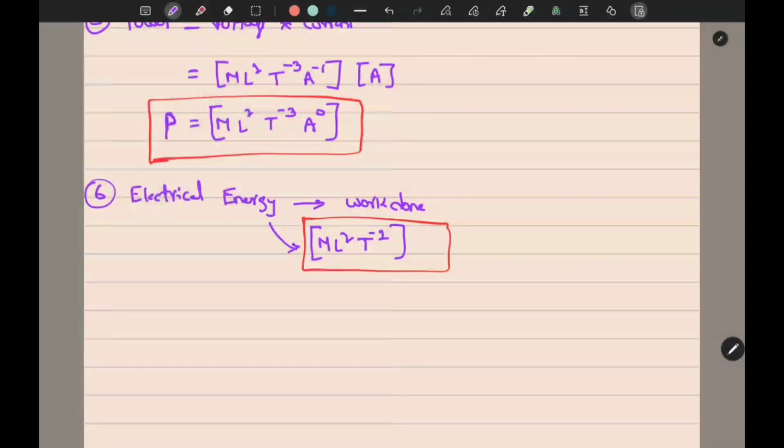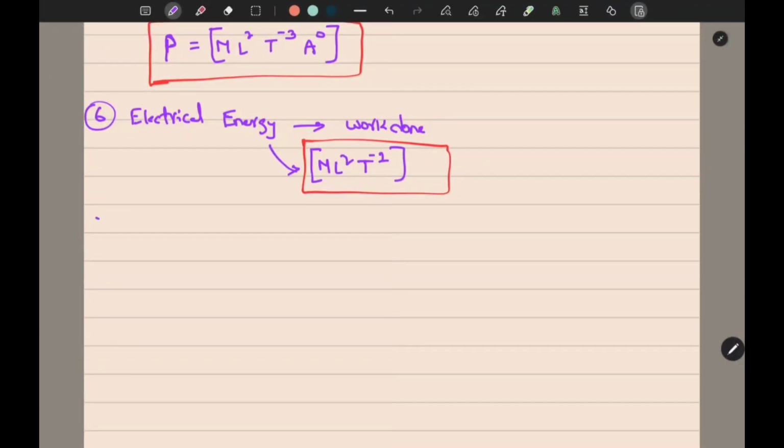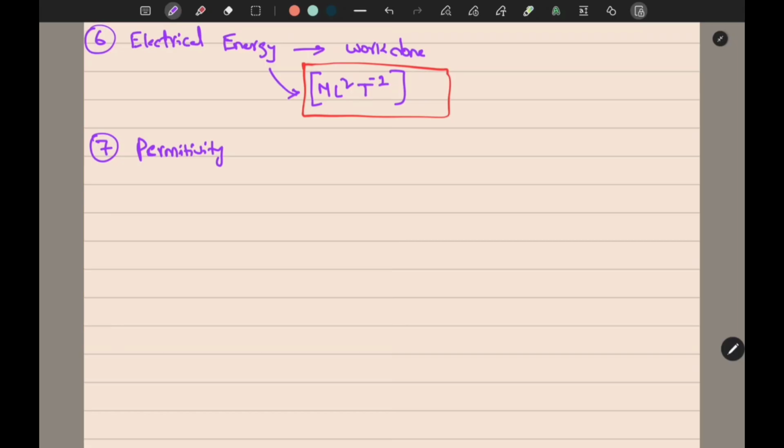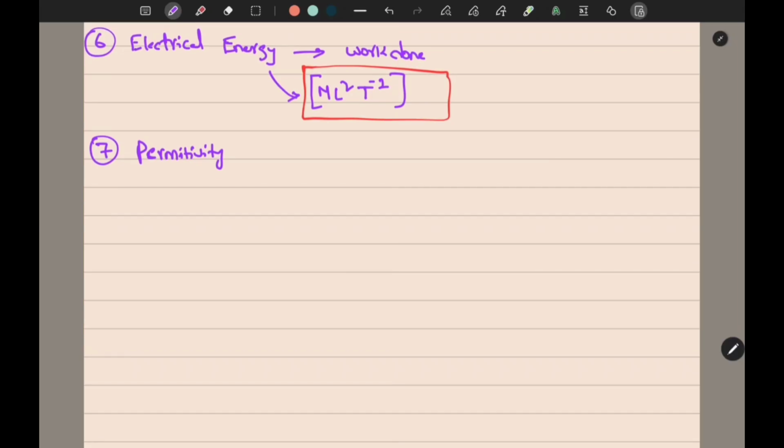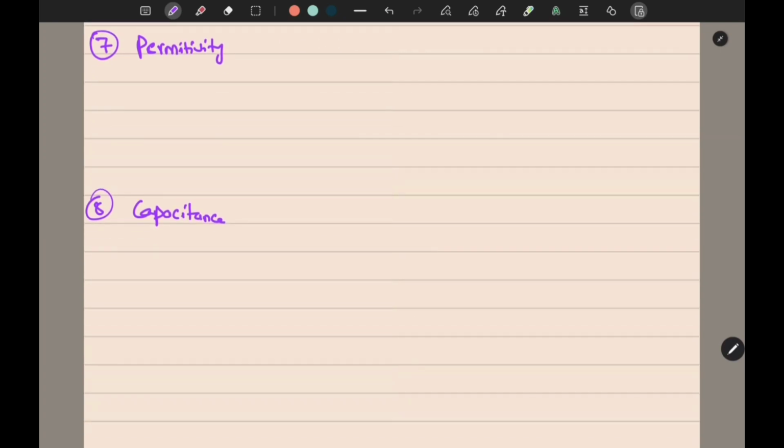Next quantity we can take is permittivity. For this, we have to know the dimensional formula of capacitance. We know that the capacitance C is equal to charge per voltage.